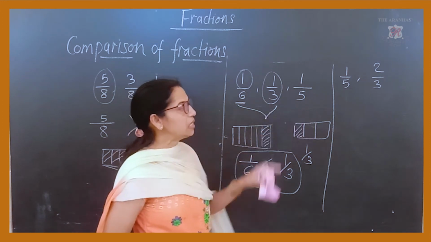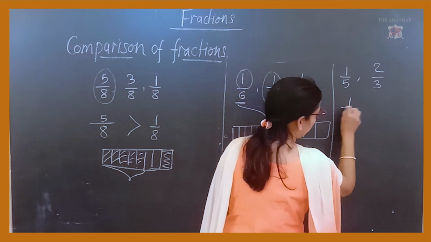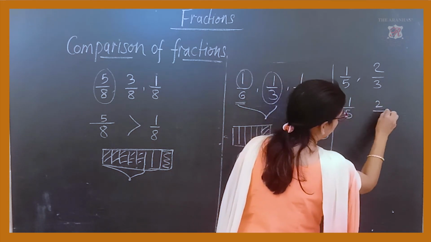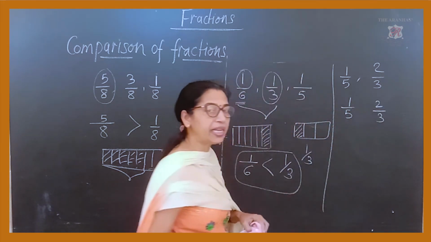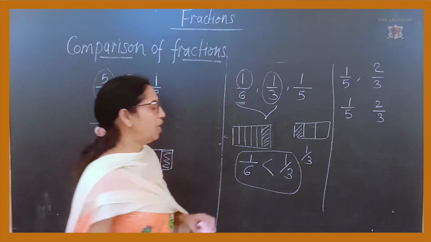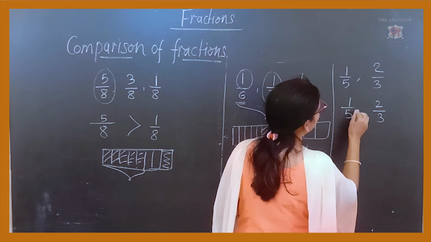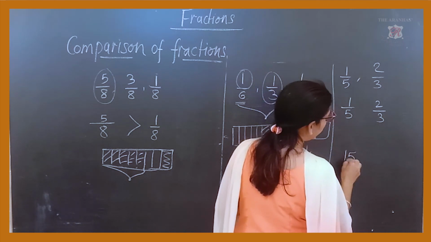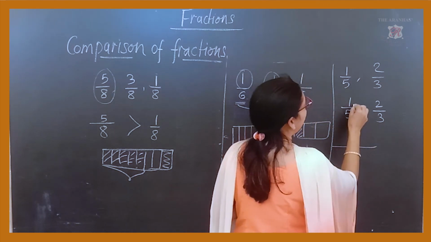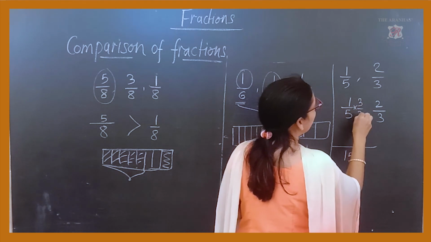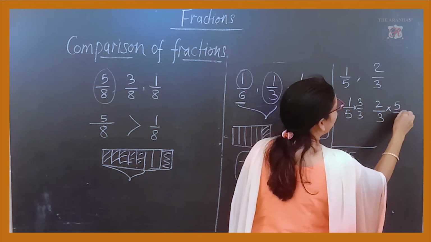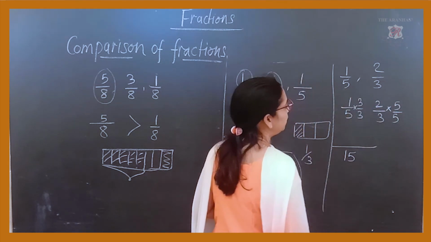But in such a case, you have to now compare these by taking the LCM. So when you find out the LCM of 5 and 3, you will find out 15 will be the LCM, and you have to multiply and make the denominator equal.